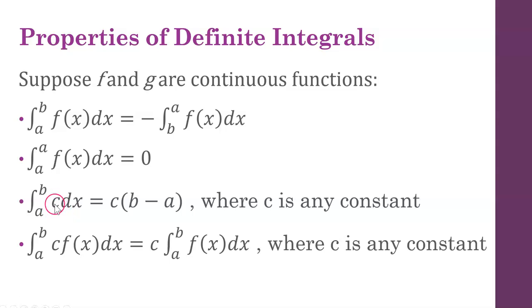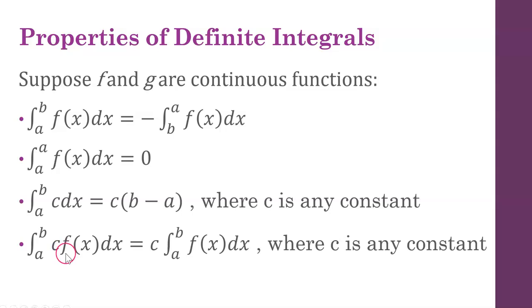So what I'm integrating is really the area under the horizontal line, which is just a plain rectangle. And the area of a rectangle can be found by taking the width of the rectangle, which would be b minus a, multiplied by the height of the rectangle, which is the value of the function c. So there's really no need to break this up into smaller pieces. It's just one flat rectangle, so I can just multiply c times b minus a.